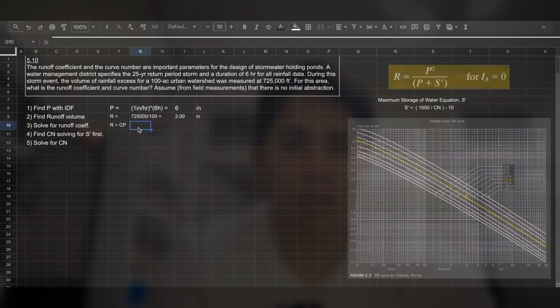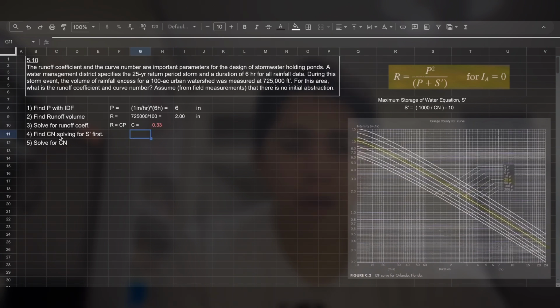So we just need to solve for C, and C equals the runoff over the precipitation. That's going to be 2/6, so we get about 0.33. It's a percentage, so it doesn't have units. This is the answer for this part.